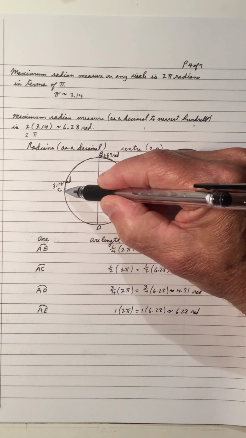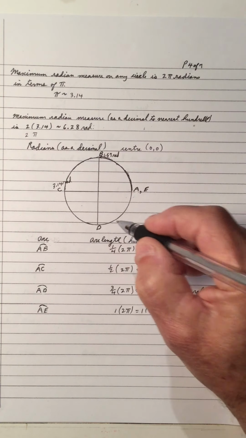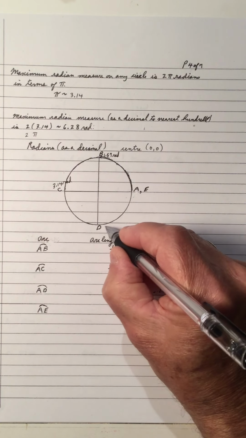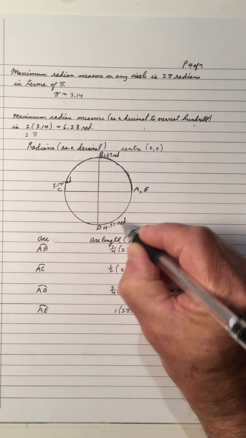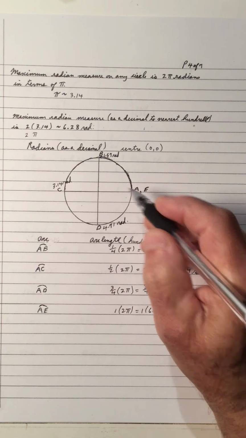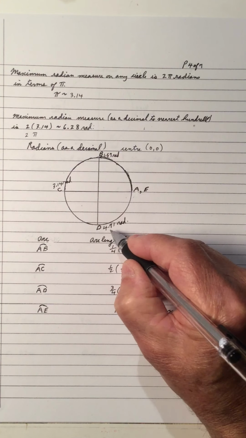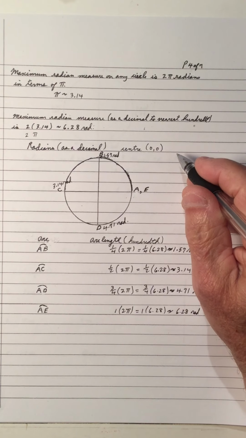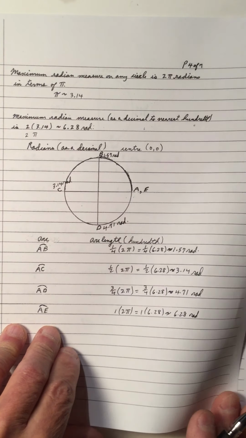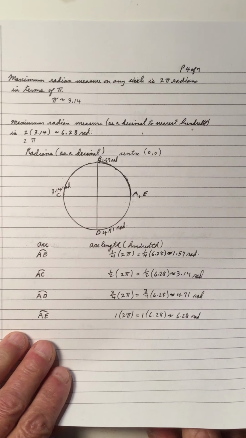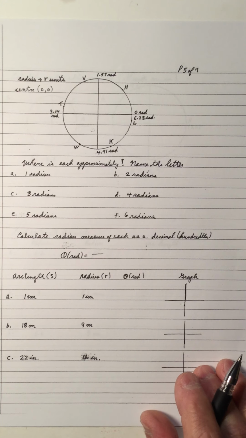So if you went this distance, 3.14, and added on 1.57, you would get D to be 4.71 radians. I didn't put that in just then. So 90 plus 180 gives me this one, or it's 3/4 of the total, 6.28. Okay, let's continue. Again, radian measure is the length of the arc divided by the radius of the circle.